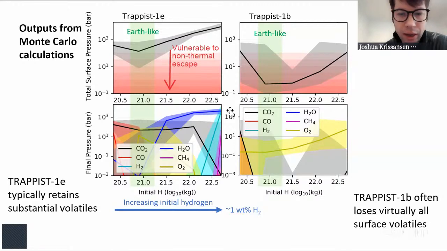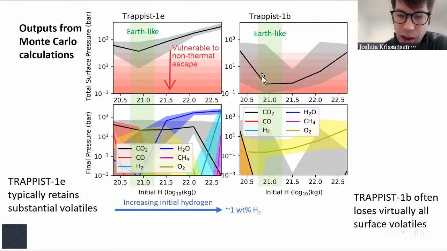One thing you might be wondering is, why is there this U shape here, this non-monotonic behavior? And this is fairly easy to understand in that if you don't have much hydrogen to drag heavier things like carbon and oxygen, it's very hard to get rid of all that carbon and oxygen. And so you tend to leave behind more of an atmosphere for very low starting amounts of hydrogen.